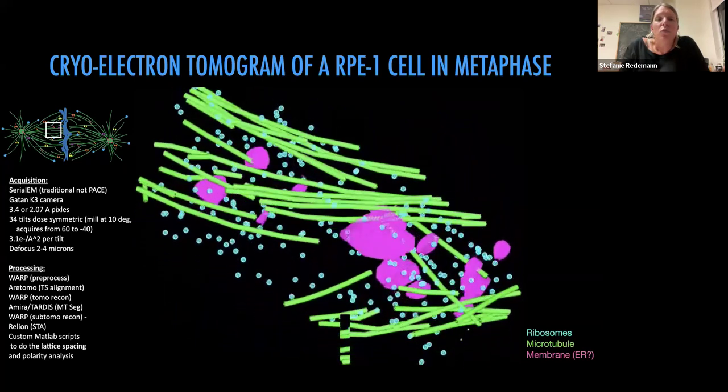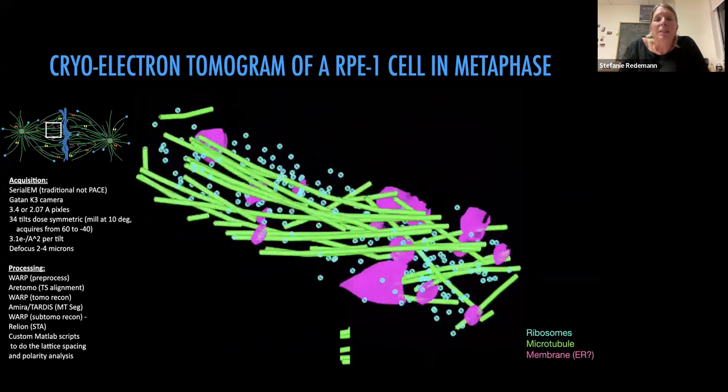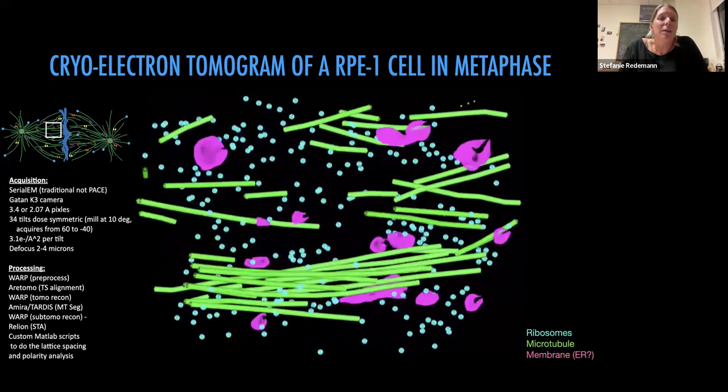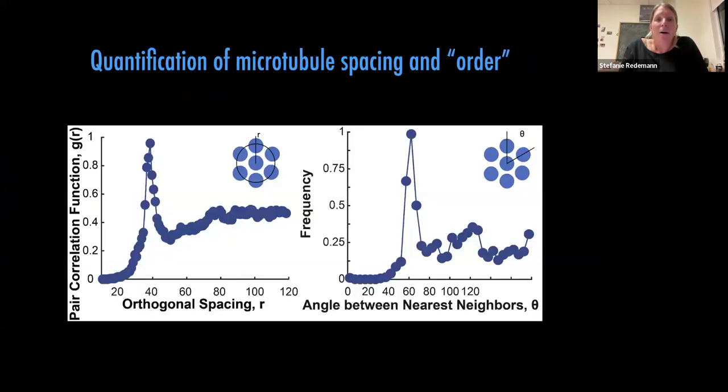Okay, so this is kind of cool, but of course, this is somewhat similar to what we could get in plastic, and our aim was really to get some additional information that we did not have yet. And so the first thing we looked at was just the neighbor density of microtubules, right? I guess we could have done this in plastic too, but as you may or may not know, all the sample processing causes a significant amount of shrinking.